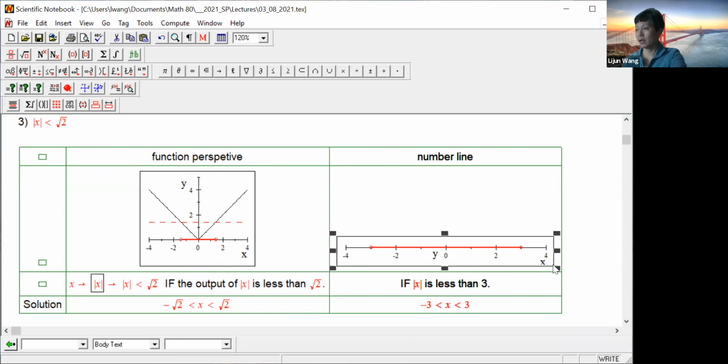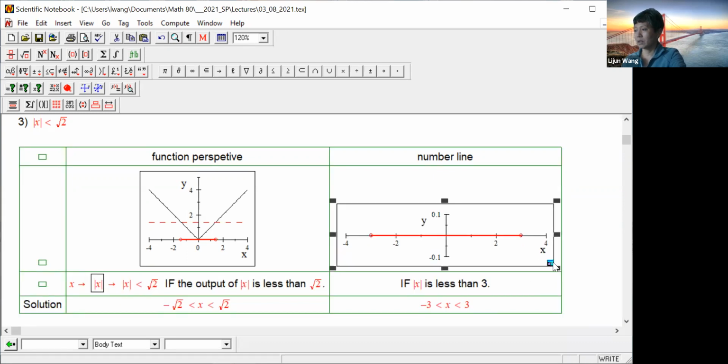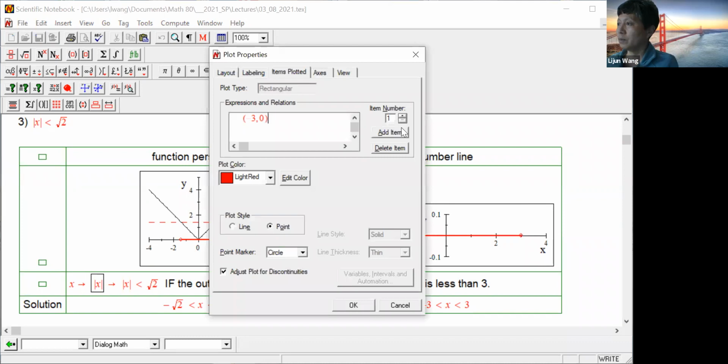So on this perspective, I'm just going to make a little bit of adjustment. Let me do it again: square root of 2. This is really just a change of number on my part.